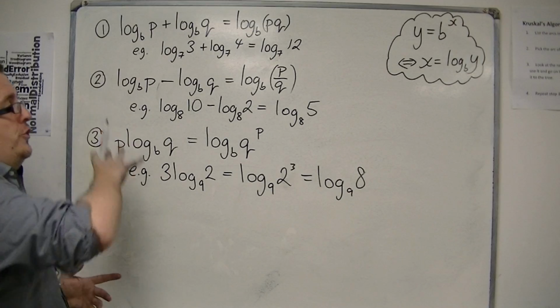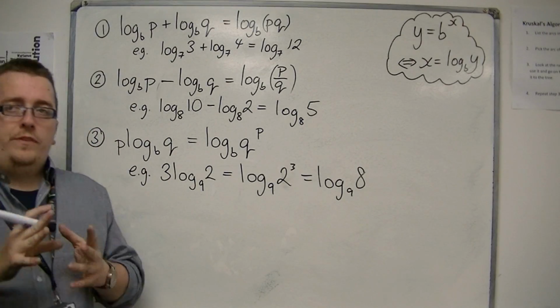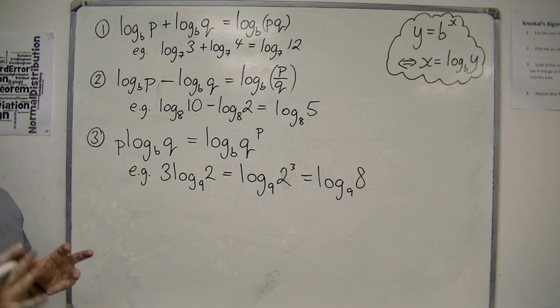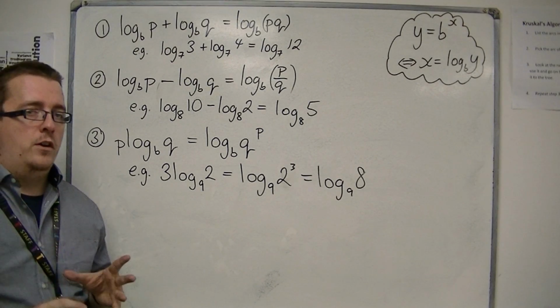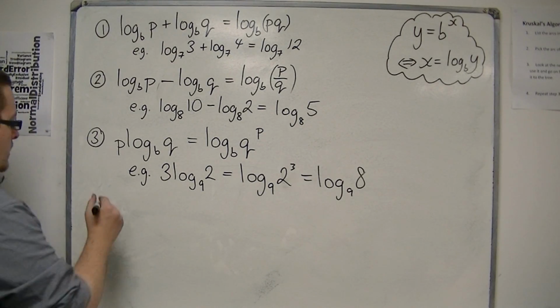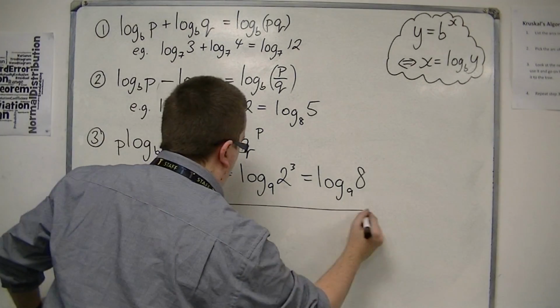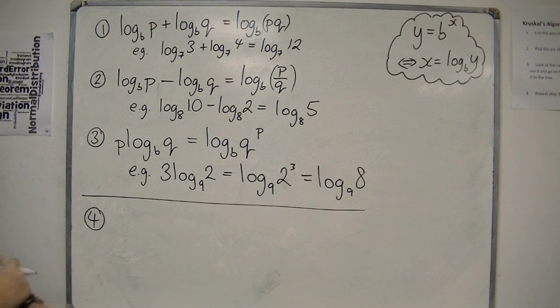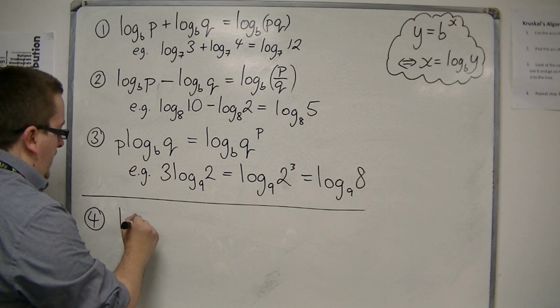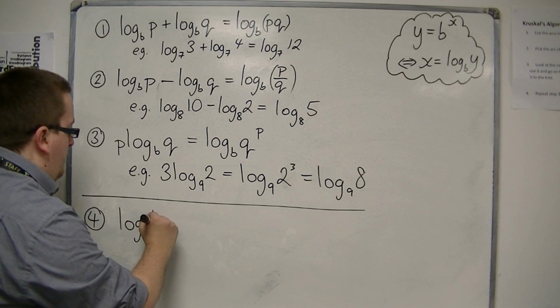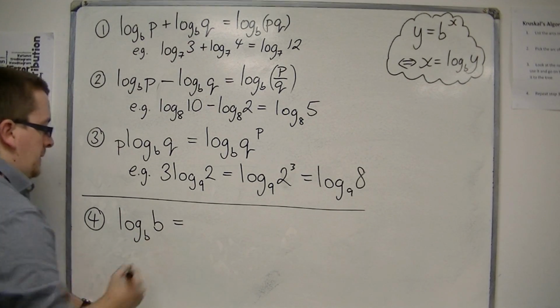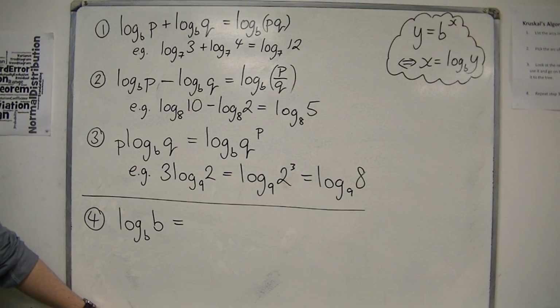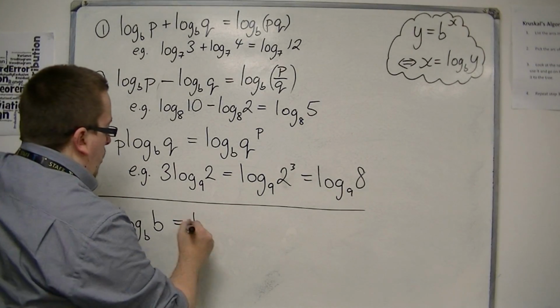Now these are the three main laws of logarithms, but there's a couple of other things that really you need to know. So next up, if you have log base b of b, then that would be 1.